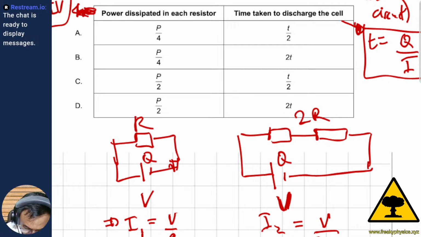This also means that the time for the second circuit should be longer, it discharges slower because there's less current.